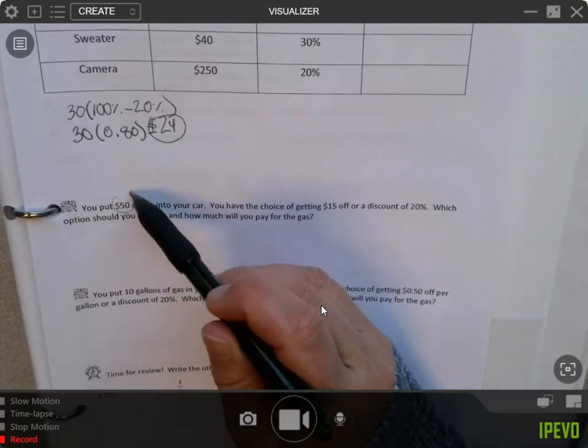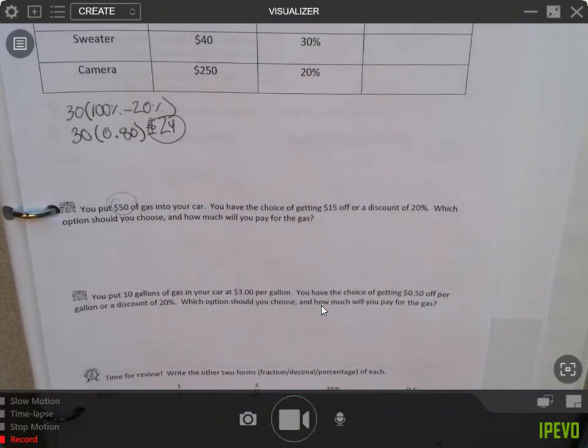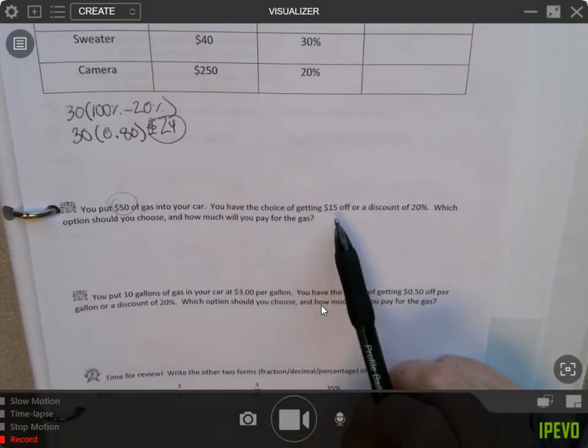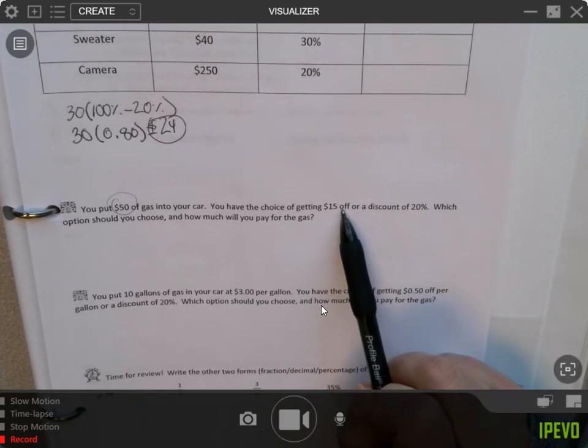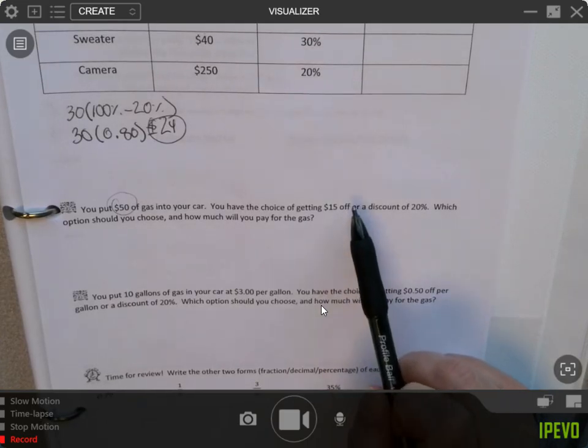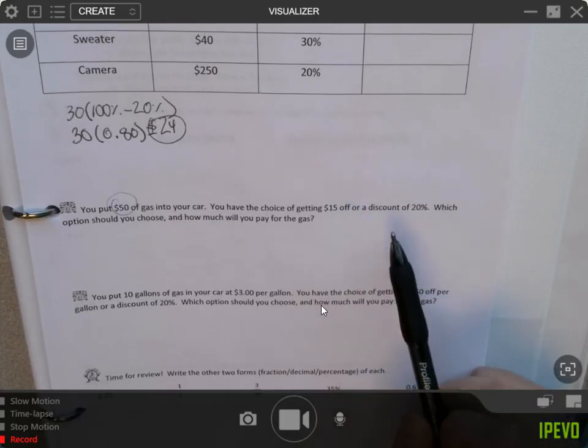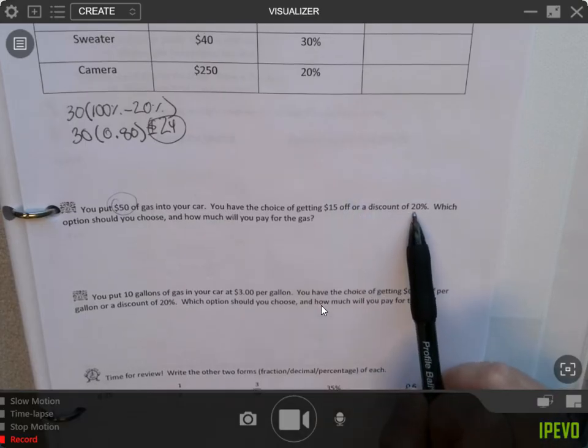So this one, you put $50 of gas into your car. So that's our original price, $50. You can either take $15 off, find out what that coupon would get you, what your sale price would be, or you're going to do a discount of 20%. So you need to figure out what 20% off would be and decide which one is a better deal.